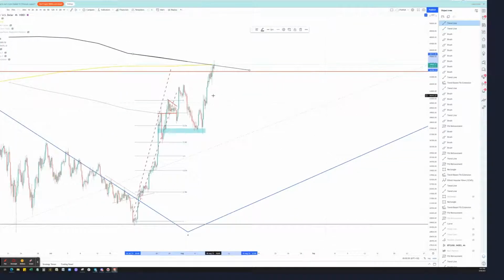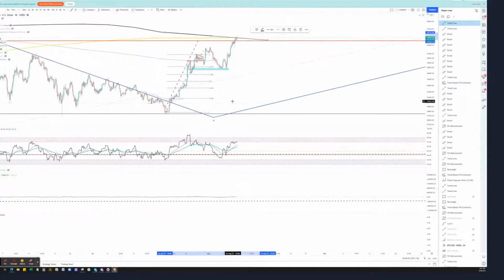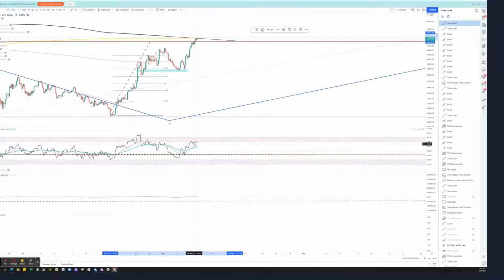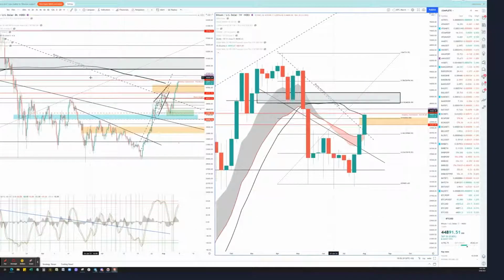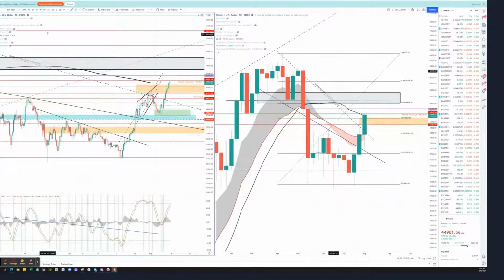And if you look at the close on this 4 hour, let's have a look. So bearish divergence on the 4 hour. So that's what we're seeing now, bearish divergence. If I was to look at another chart, so this is the 8 hour. Let's look at the 4 hour.